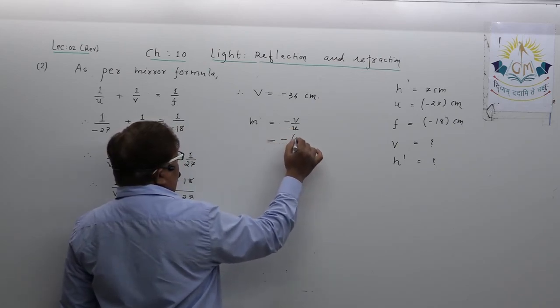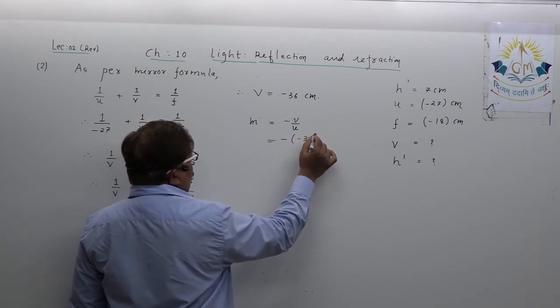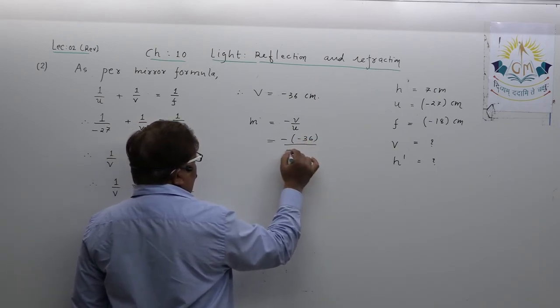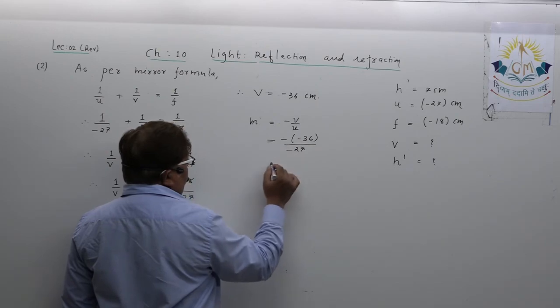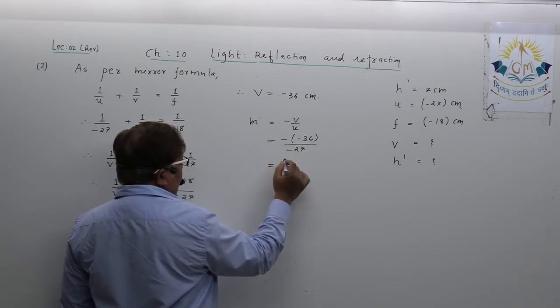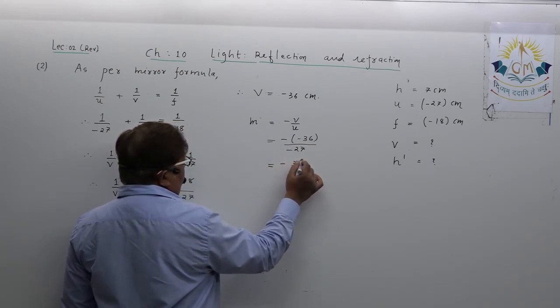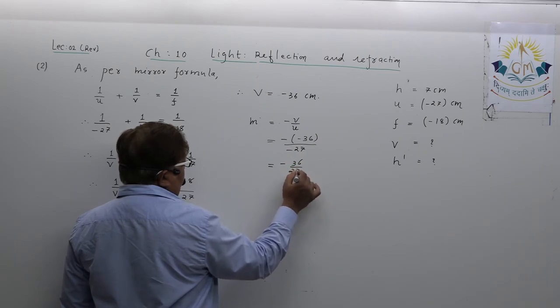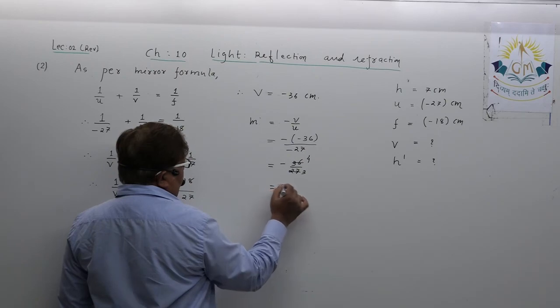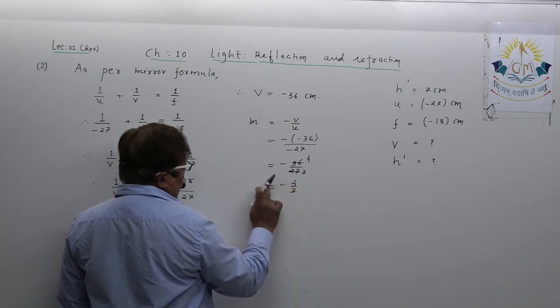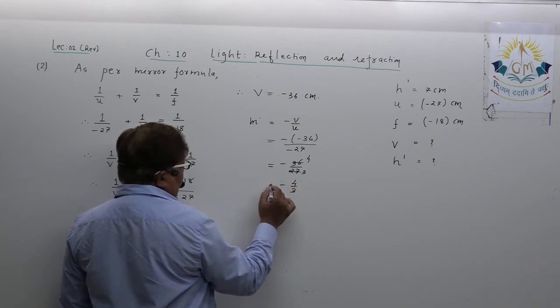Minus 36 upon minus 27. Overall, it is going to be negative only. 9 4 ja, 9 3 ja. M turns out to be minus 4 upon 3.